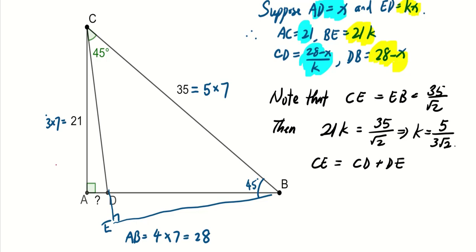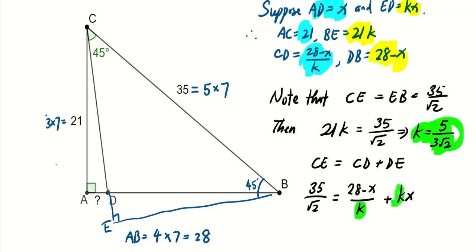CE is equal to 35 over square root 2, equal to CD, that is (28 minus x) over k, plus DE, that is kx. We already know k, so we can substitute it into the equation.